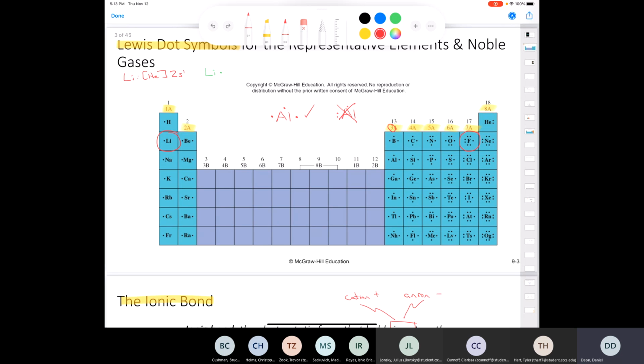Helium only has 2 valence electrons, or two electrons total, so how would lithium become isoelectronic with helium? It has to lose 1 electron. If it loses 1 electron, it becomes isoelectronic with a noble gas. Fluorine is closer to neon than any other noble gas. So if fluorine gains 1 electron, it becomes isoelectronic with a noble gas. So that's why lithium wants to form a lithium cation, and that's why fluorine wants to form a fluoride anion.